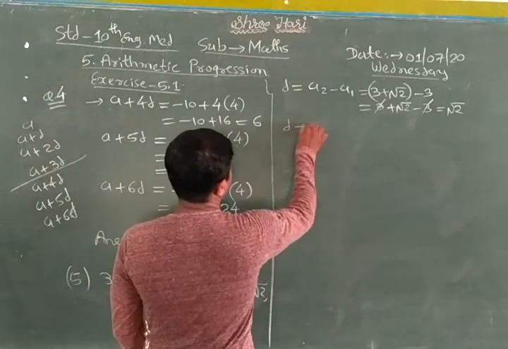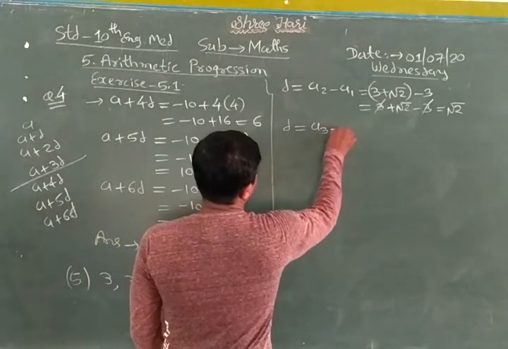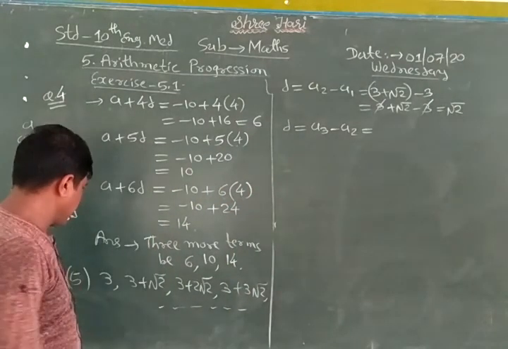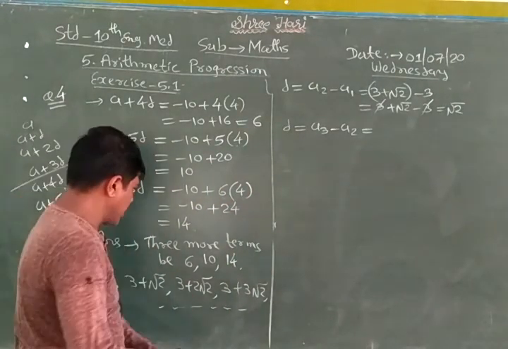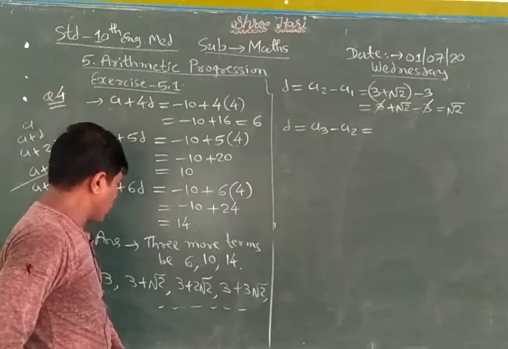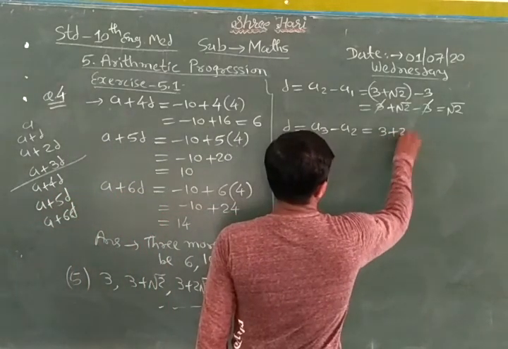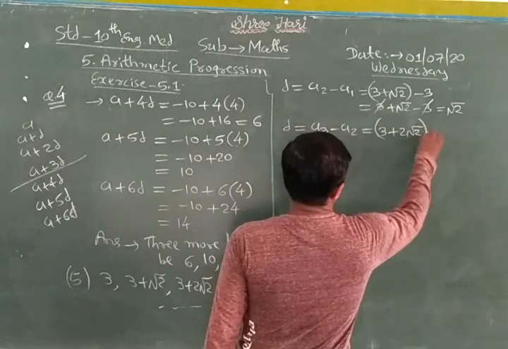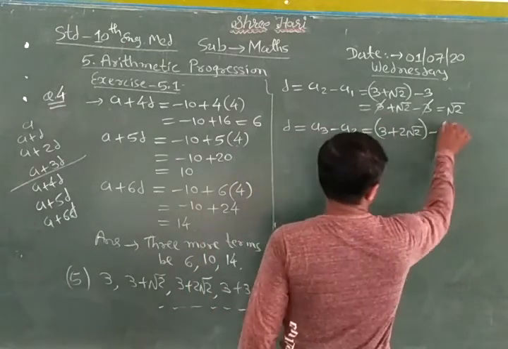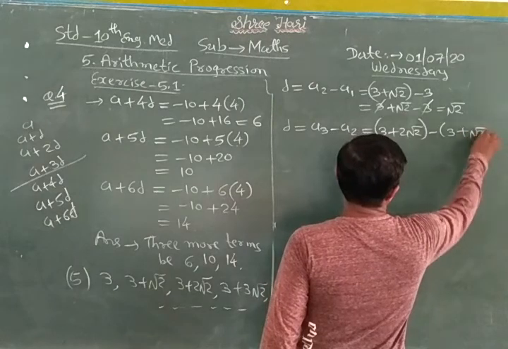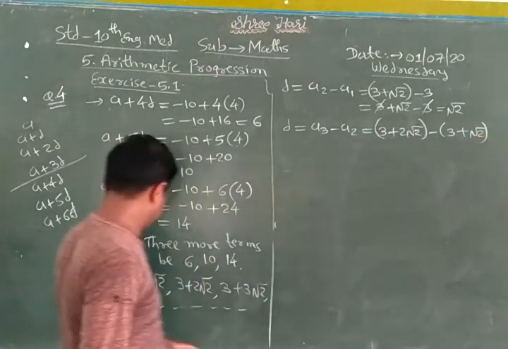D is equal to A3 minus A2. A3 is 3 plus 2 root 2, A2 is 3 plus root 2. This is given.